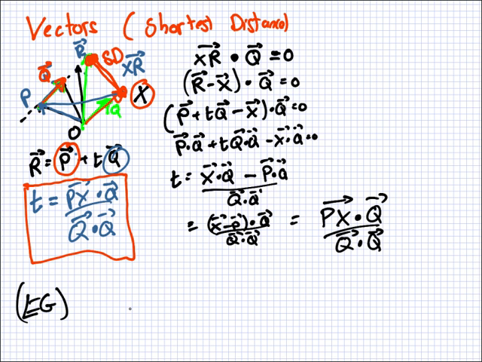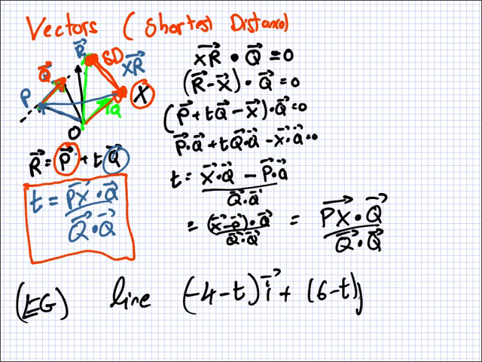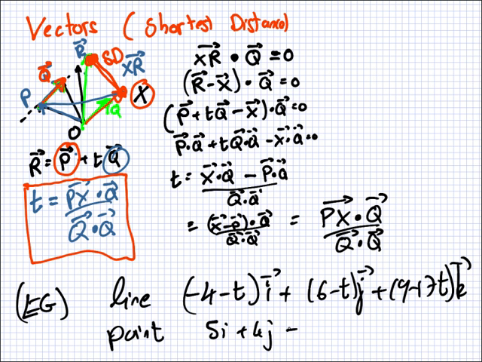So let's say I have the line minus 4 minus t i plus 6 minus t j plus 9 minus 17t k, and I have the point x as 5i plus 4j plus 7k.